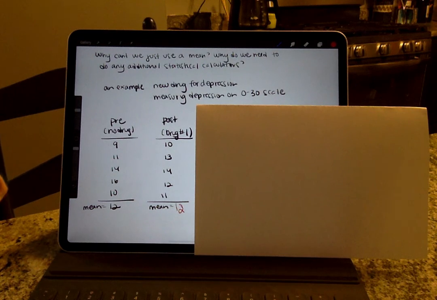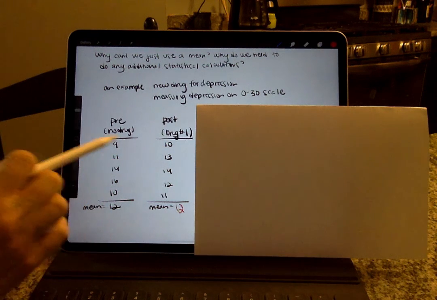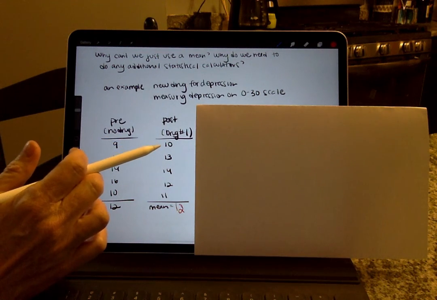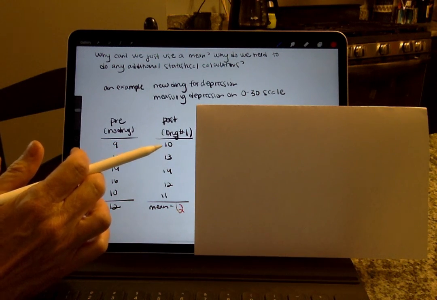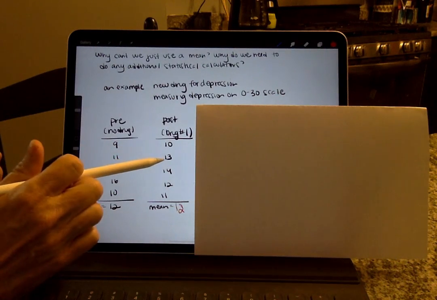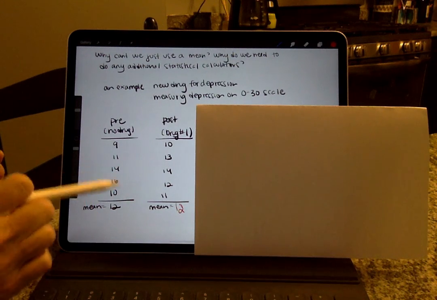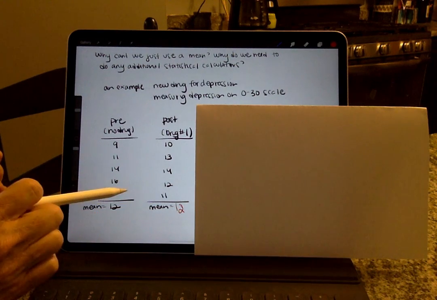When we look at the individual scores, what's going on? Well, the 9 went up to a 10, so that person went up by 1 point. It's probably not statistically significant, but they went up. 11 went up to a 13. 14 remained unchanged. 10 went up to 11.